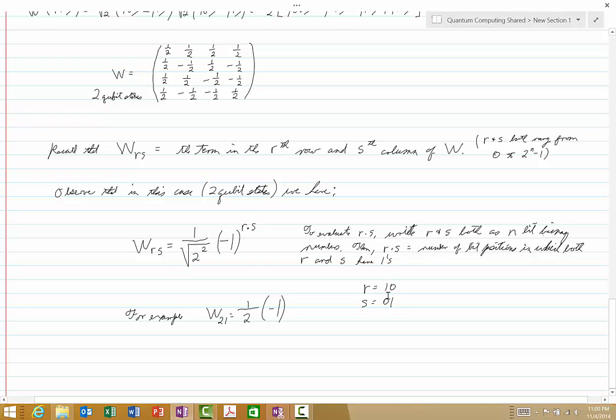So they don't have ones in common positions, and therefore R dot S in this case is equal to 0. So we fill in 0 here, and of course minus 1 to the 0 power is 1, and so we get 1/2 for W21, and in fact that is the correct answer.